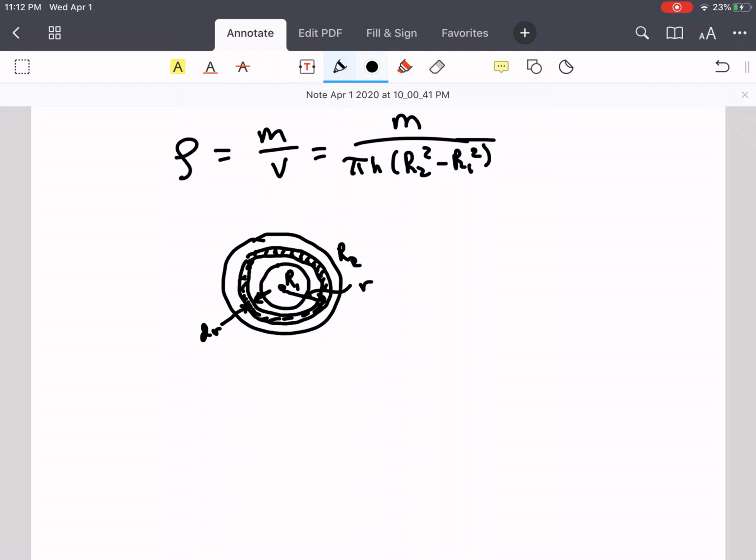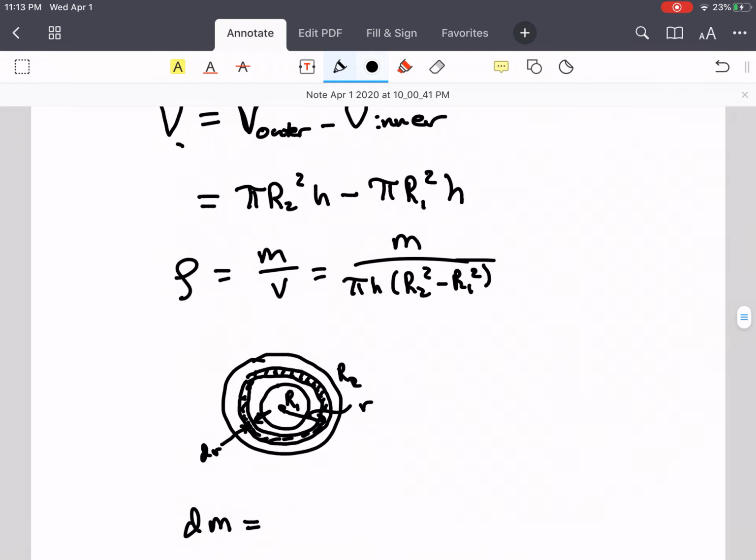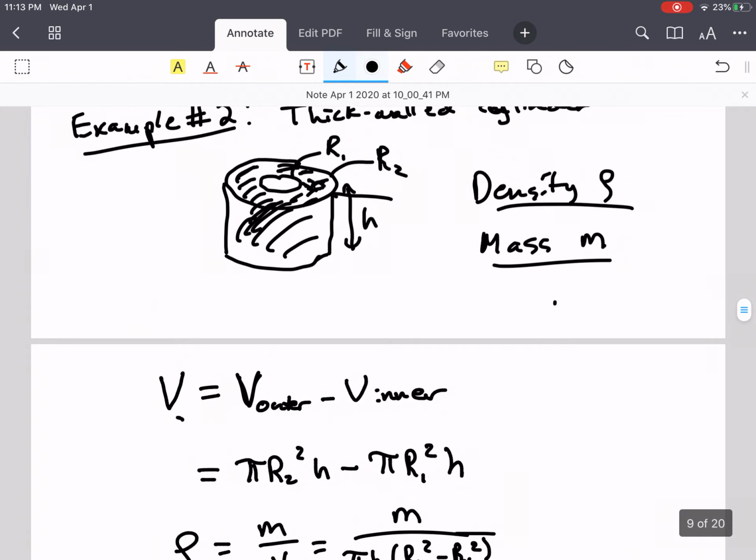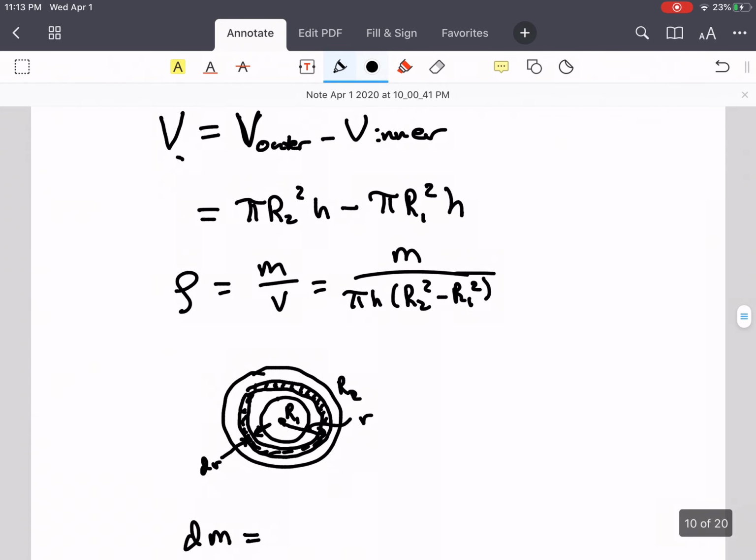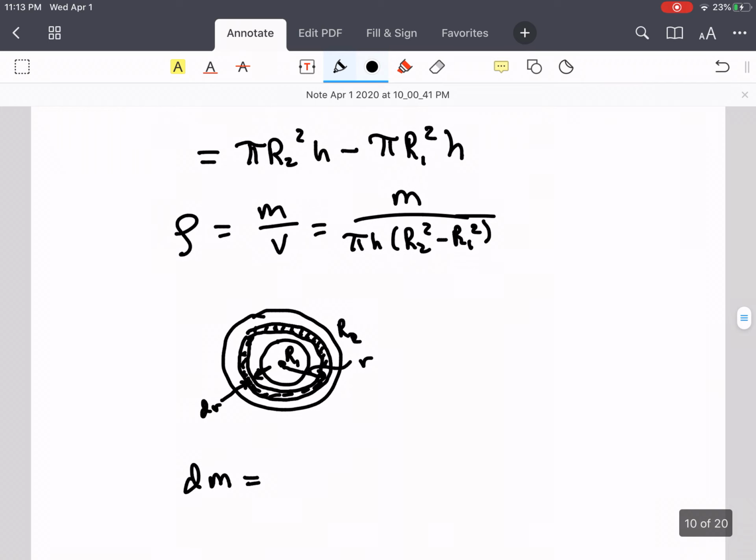Okie dokie. So let's talk about that little slice. That little slice is just a cylinder, and the mass of it is actually something we can figure out. So we know the mass of a cylinder with some inner radius and some outer radius. That's this formula right here: rho times pi times h times r2 squared minus r1 squared.